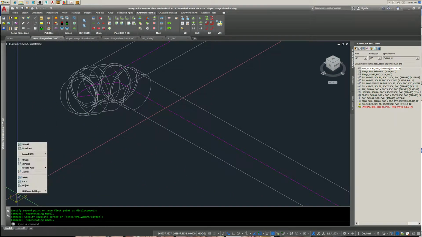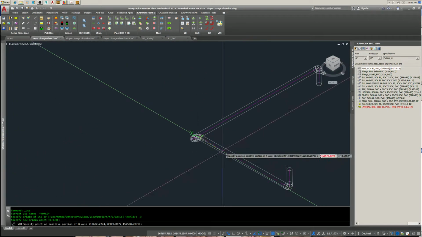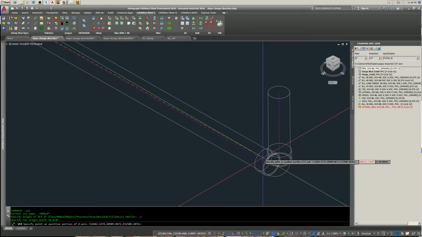Well, I normally draw a little short line there so I don't have to go all the way down here for the other end.